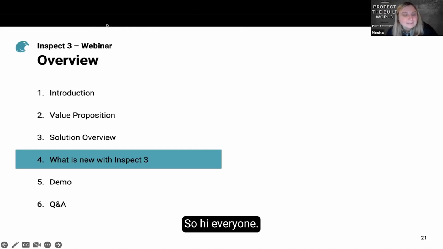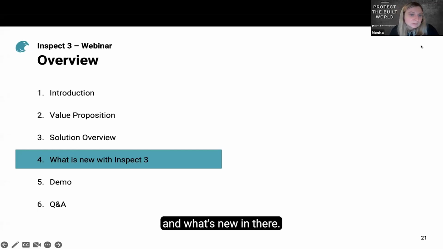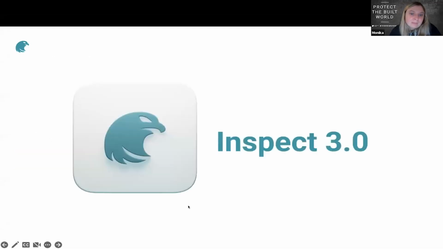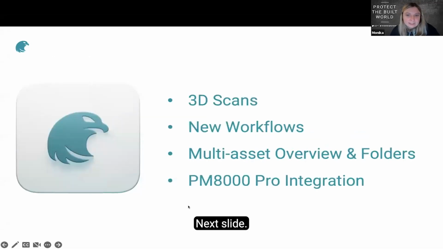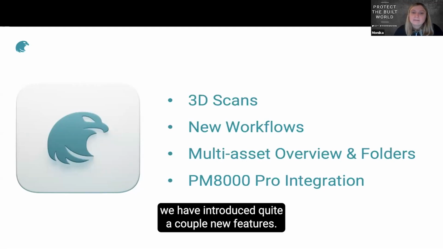So hi, everyone. I will be talking a little bit more about Inspect 3.0 and what's new in there. Ritesh, next slide, please, if you may. Next slide. So what we have done in Inspect 3.0, we have introduced quite a couple of new features.